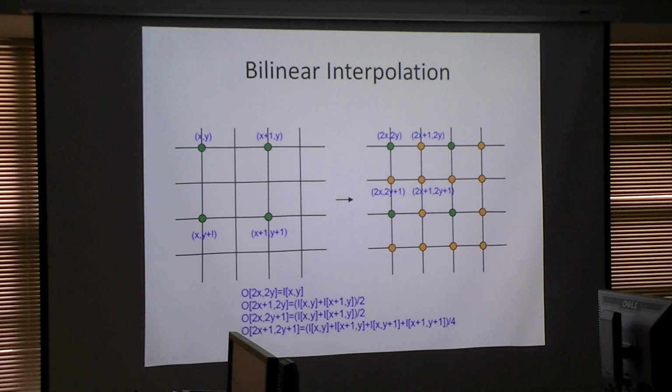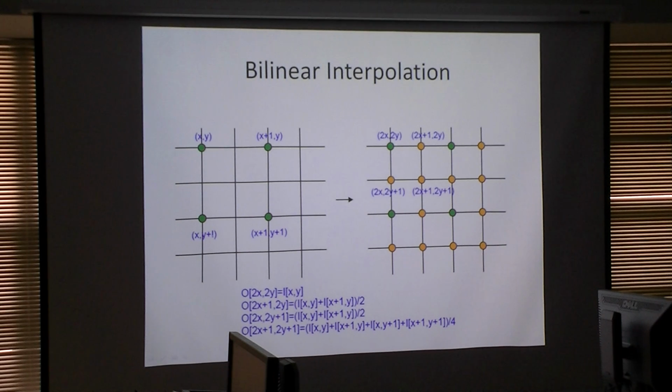First, here is the algorithm for the upsampling. It's called bilinear interpolation. The idea is very simple. For example, we want to make the image 2 times larger, both in the horizontal and the vertical.